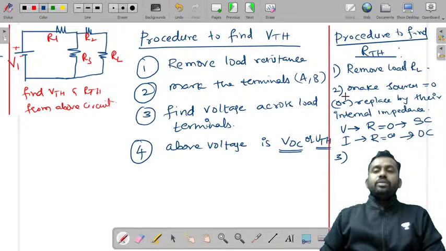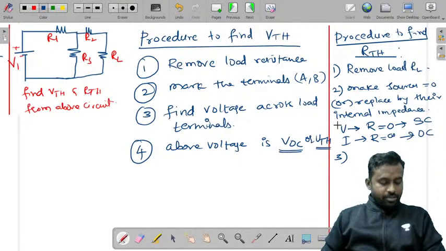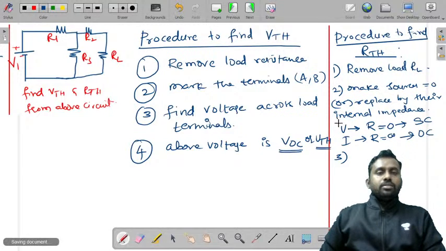This is only in case of independent sources. If you have dependent sources, you will have another procedure which I'll tell you. If you have only dependent sources, there is a procedure. If you have both dependent and independent sources, you'll have another method.